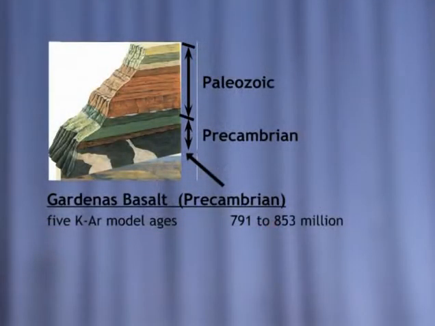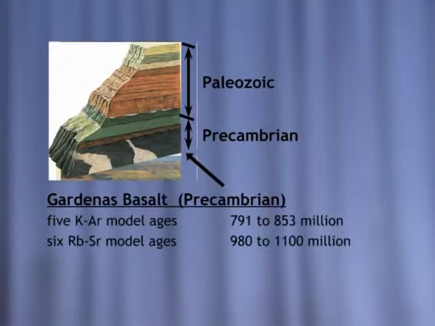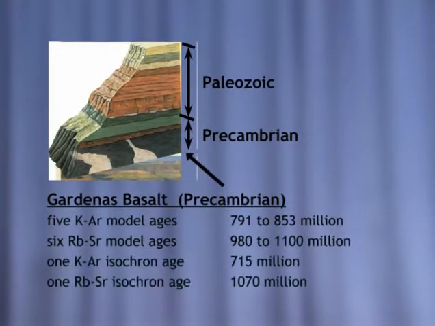So what these scientists did, went down to the Gardenia basalts in the Grand Canyon, got some rock samples, took them to this laboratory and just said, date these rocks. They did not bias the experiment. Just date these rocks. And they dated these rocks using many different formats. They did 5 potassium argon models, 6 rubidium strontium, 1 potassium argon isochron, and 1 rubidium strontium isochron.